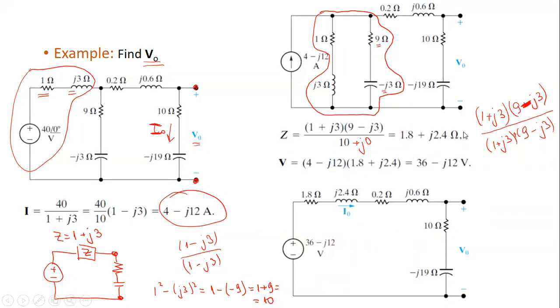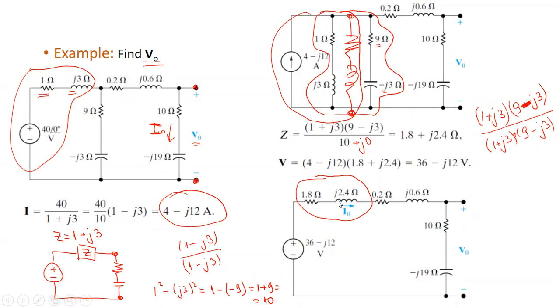And as you see, the result of the parallel combination is 1.8 plus J2.4. Again, we have one result, which is in red. And as you see, I have a current source with this combination, so I can convert them to a voltage source in series with this combination.